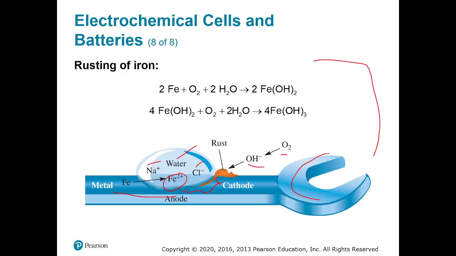And so you're going to gain this electron onto the oxygen, and then this is going to produce OH minus, and then this is going to react with the Fe2+ here, which comes to the surface, and that produces the rust right there.